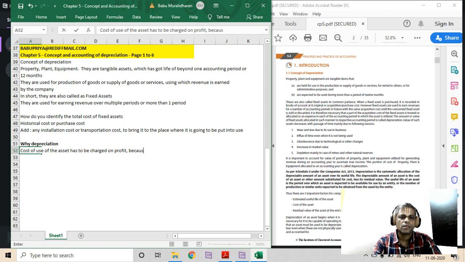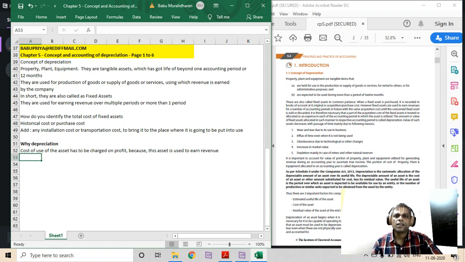It's quite logical that when a particular thing is used to earn revenue, the cost incurred on its usage has to be charged on the profit as well.